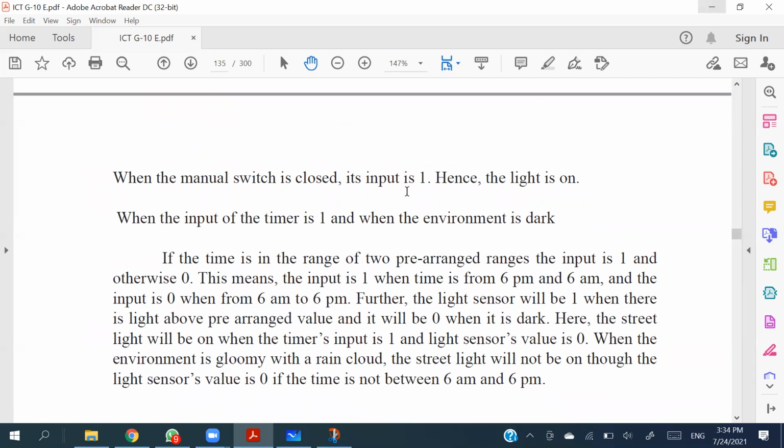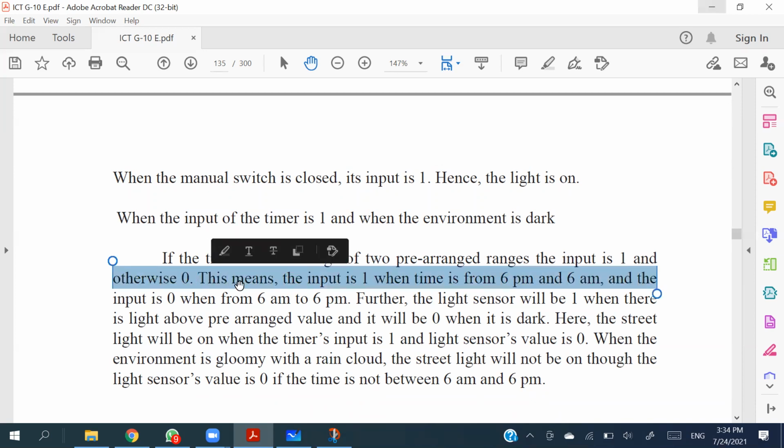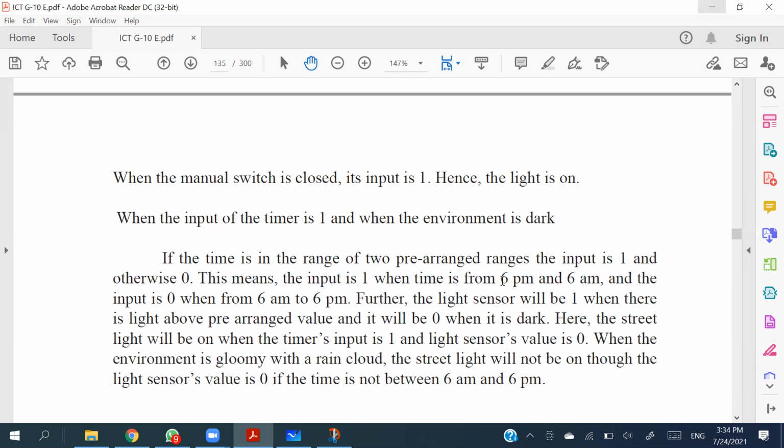And for the timer, if the time is in the pre-arranged range, the input is 1 and otherwise 0. This means the input is 1 when the time is from 6 p.m. to 6 a.m., the darker period. And from 6 a.m. to 6 p.m., the daytime period, the input is 0.